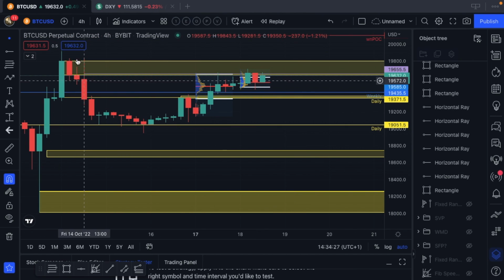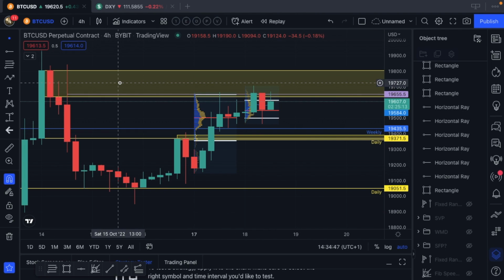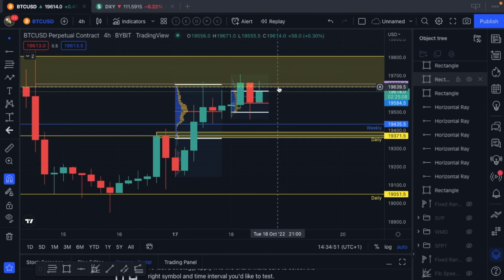So this is simply a supply area that I drew out by starting at the top of the body of this last green candle and the bottom of the body of the next bearish candle. So very simple, very simple. I would never trade this on its own, but the vector candle was quite lovely.